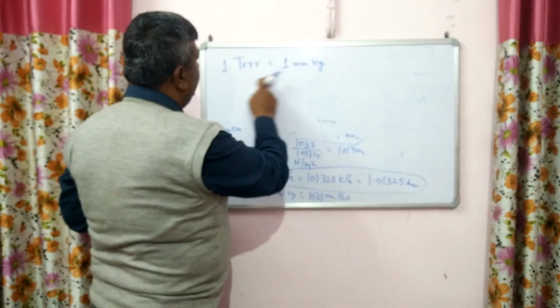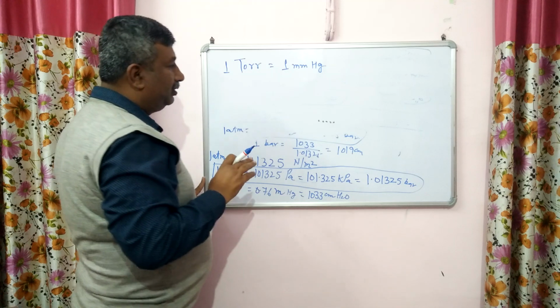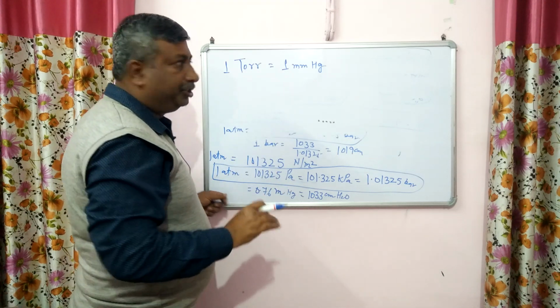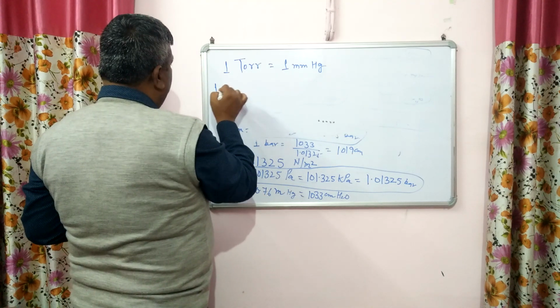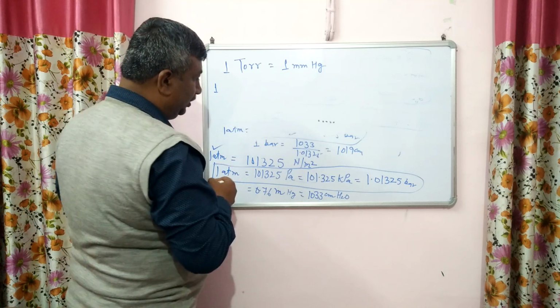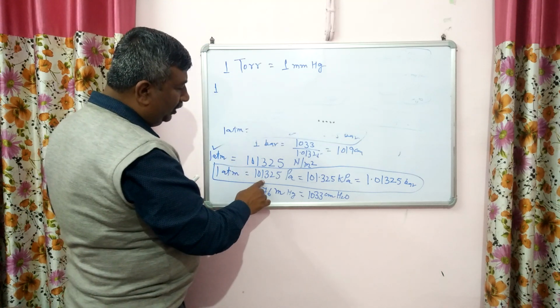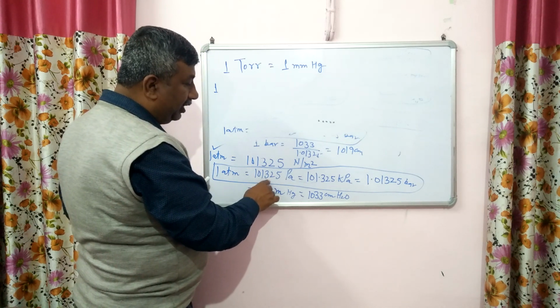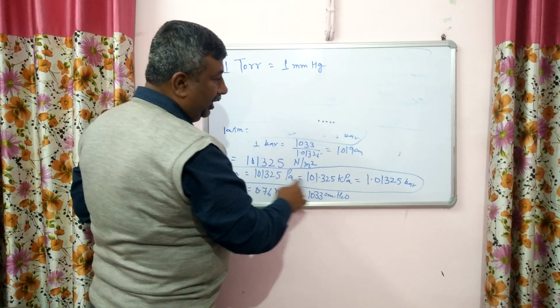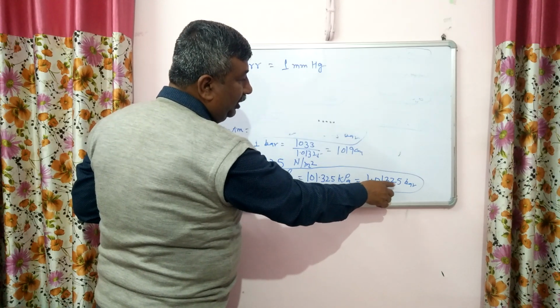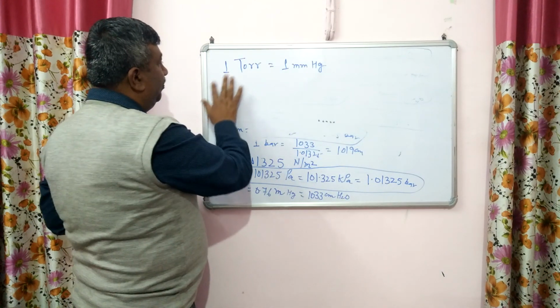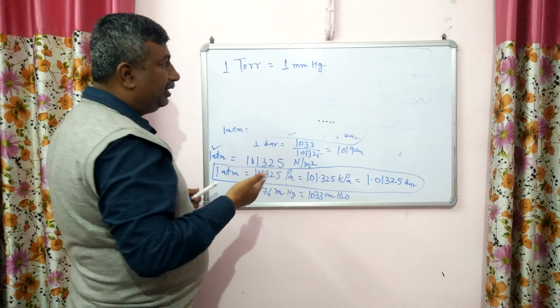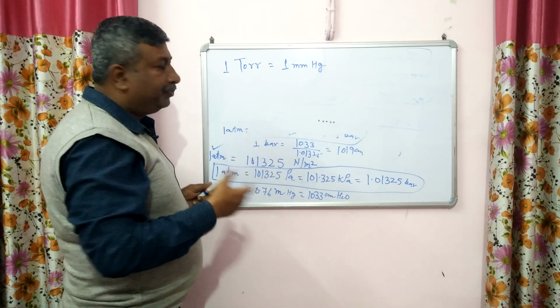So this is the general relationship: 1 millimeter mercury is equal to 1 torr. So we learned that 1 atmospheric pressure is equal to 101,325 Pascal, and it is about 1.01325 bar, and we can express it in the form of water column.